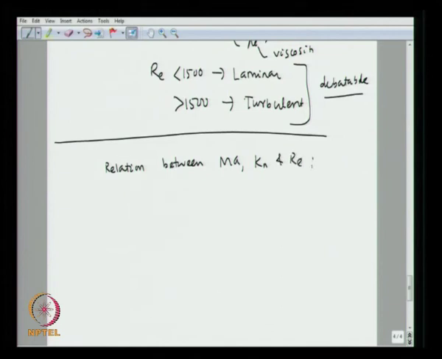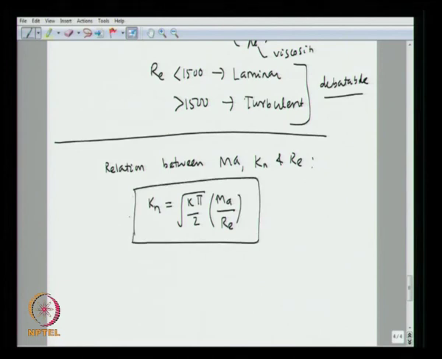So the relation is going to be this: the Knudsen number will be equal to the square root of pi by 2 times Mach number divided by Reynolds number, with a factor k. Okay. And we stop here.